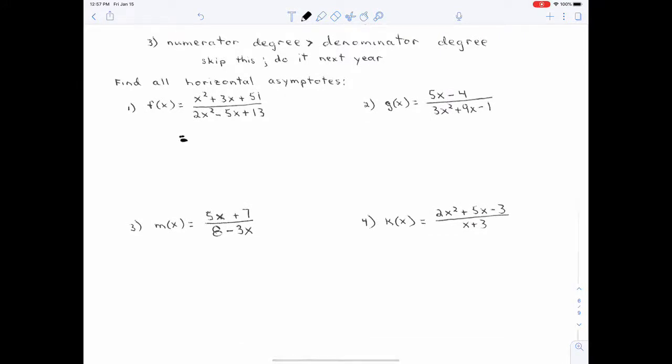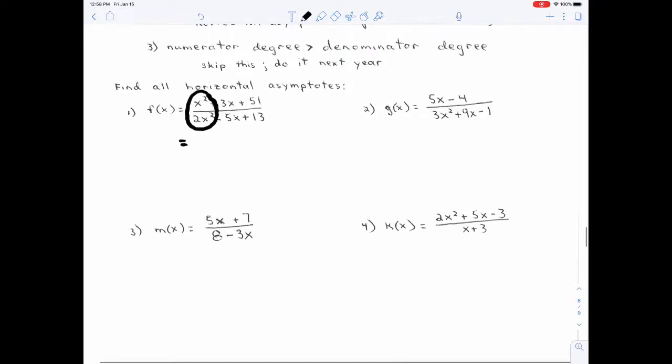First of all, we want to factor this because we want to see if anything cancels, et cetera. It doesn't even look like the numerator factors at all, so we don't have to worry about it. Nothing's going to cancel, but all we're concerned with is the leading term.